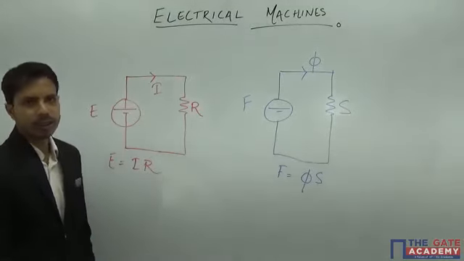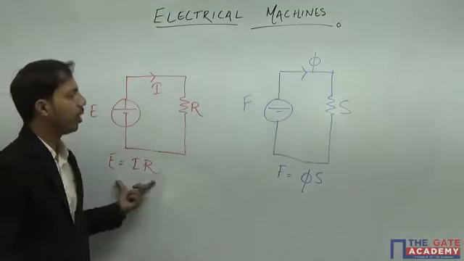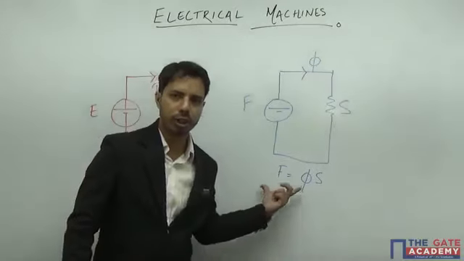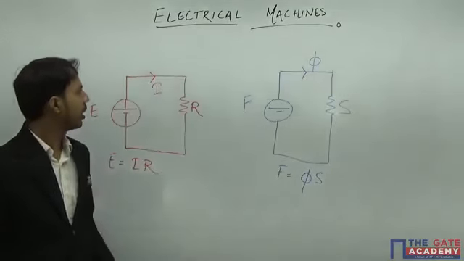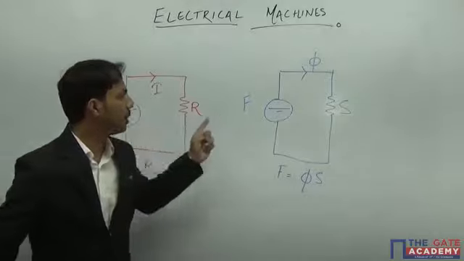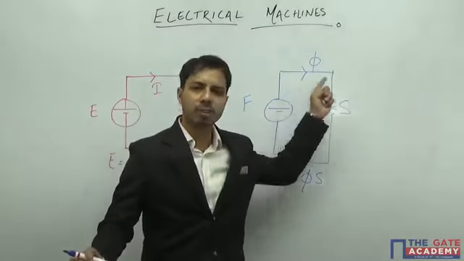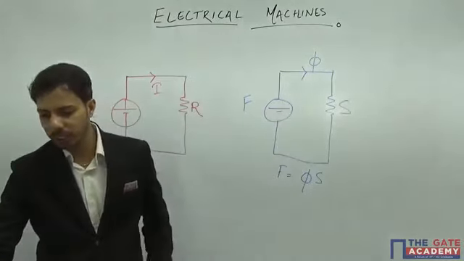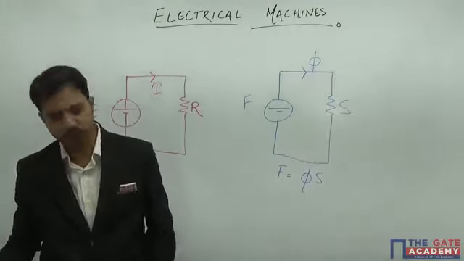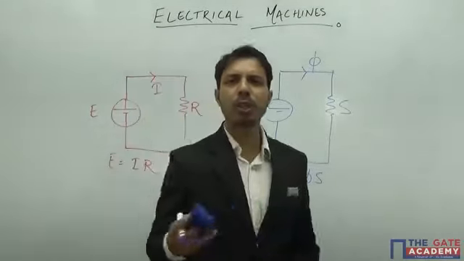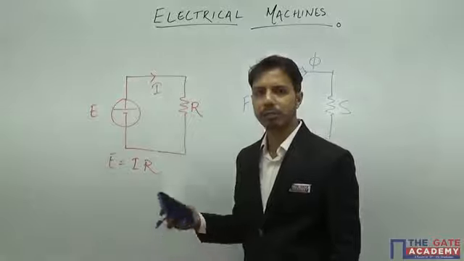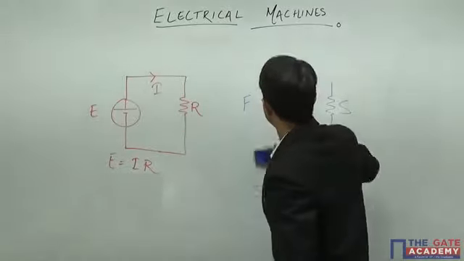This is the analogy between electric field and magnetic field. Now see, current flows through the minimum resistance path, whereas magnetic flux flows through the minimum reluctance path. There is a similarity. Now we are done with the basic terminologies of electric as well as magnetic fields.